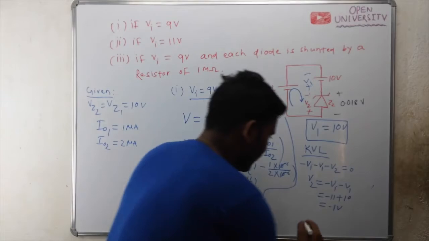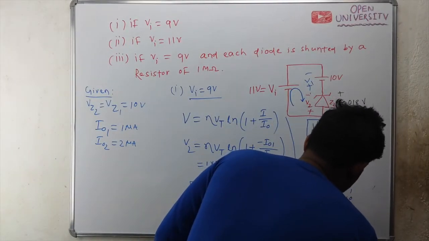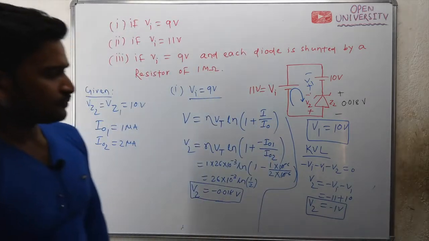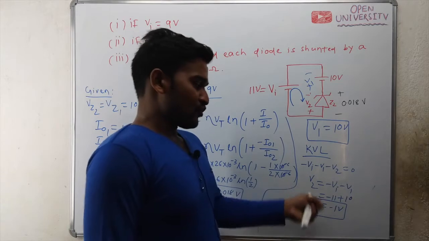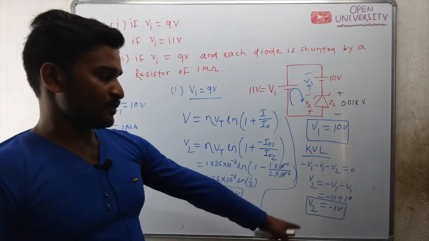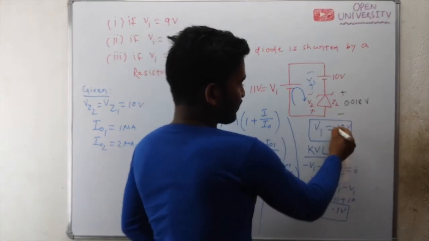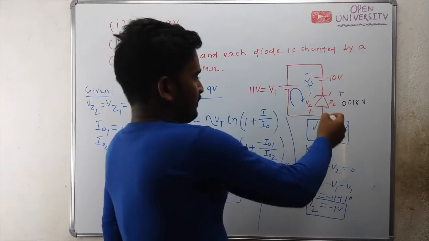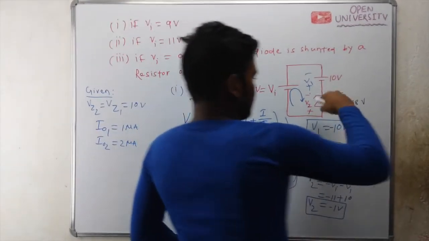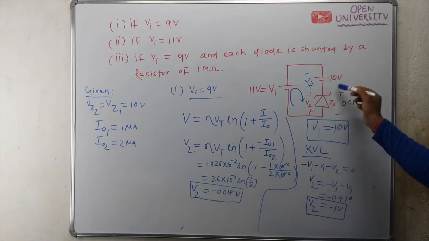So V2 value will be minus 1 volt. This is the answer to the second question. V1 value is minus 10 volt. So this is the answer.